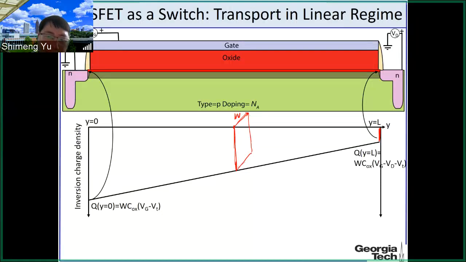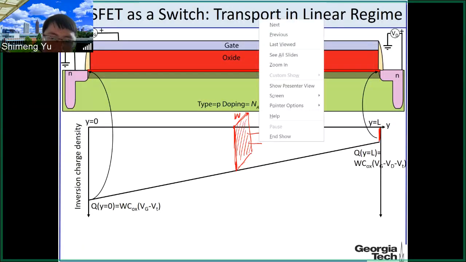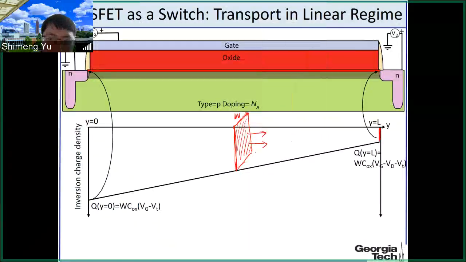So if you think about there's a cross section in the channel, and if we know the charge on this cross section area, and then how fast they move, then we know the current.